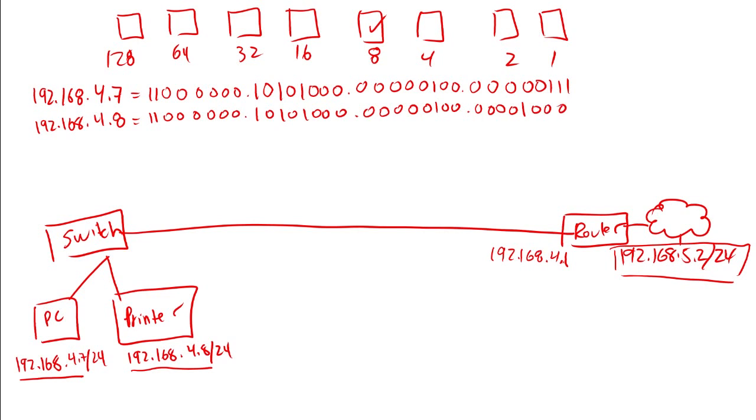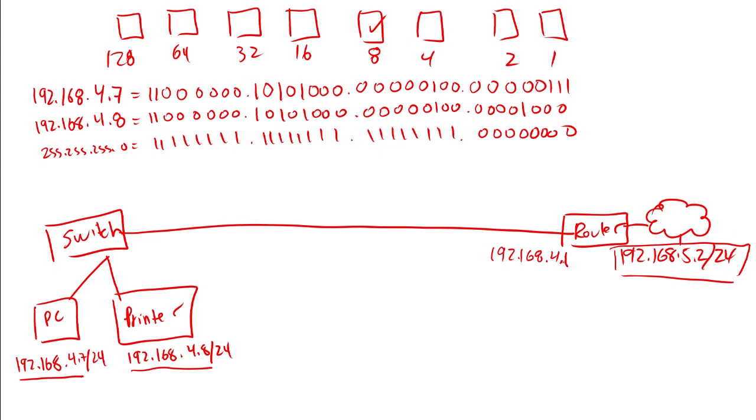So now we can write out our subnet mask, which is 255.255.255.0, which is 11111111.11111111.11111111.00000000.